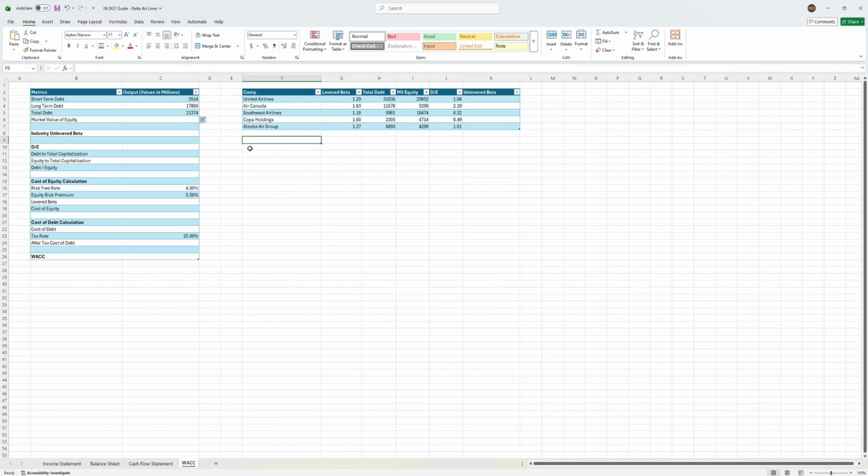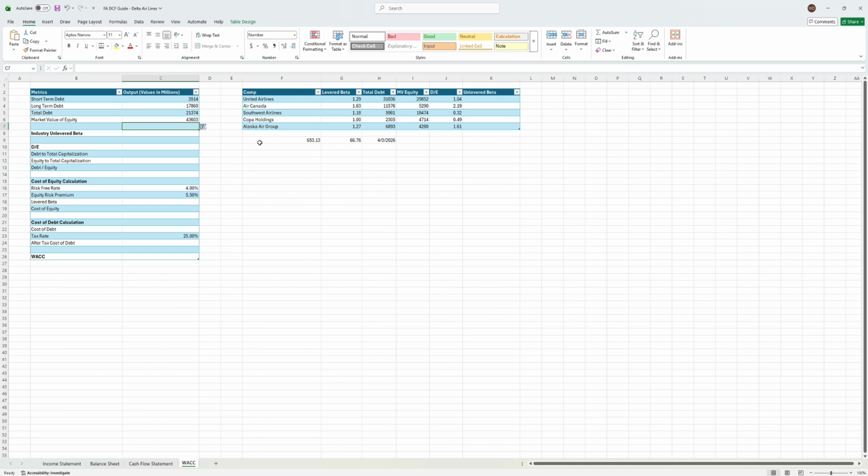So Delta has 653.13 million shares outstanding and a current share price as of today of $66.76. And I'll leave this note for everybody because you'll want to notate in your discounted cash flow what day you got this data. So we can just multiply those, and that'll be the market value of our equity.